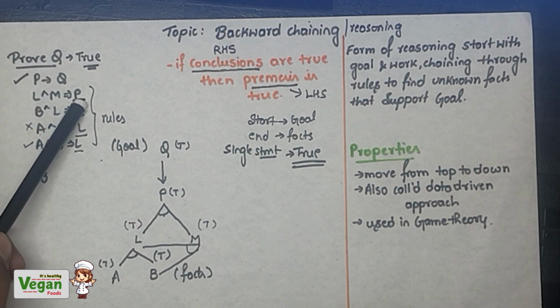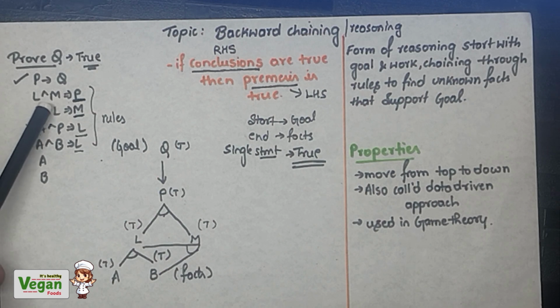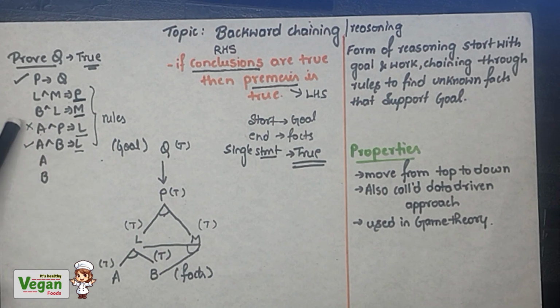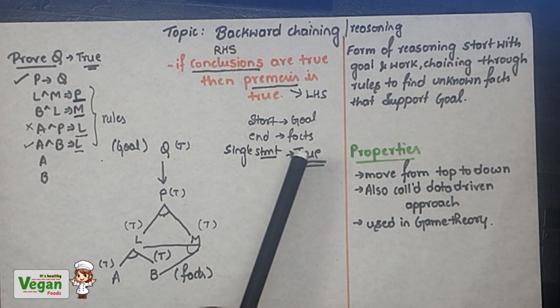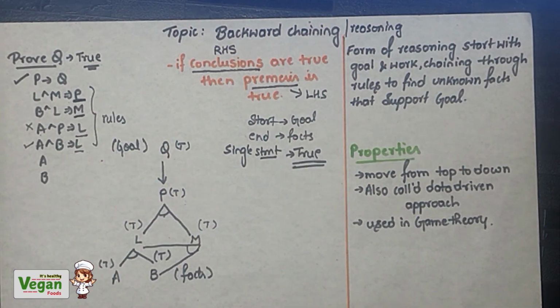So we searched for P on the right hand side. Since P was true, L and M were true. Since L was true, A and B are true. So A and B being true means we came to the last, the single statements. The end will be at the facts. Facts can also be called single statements, which are always true.